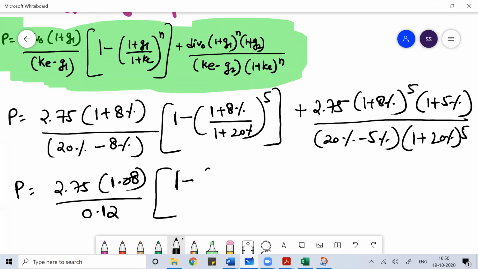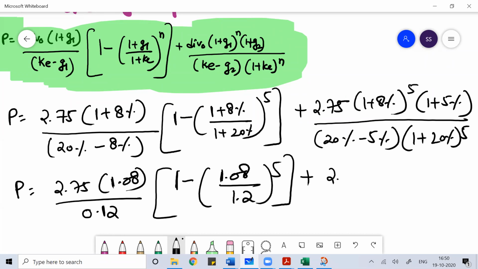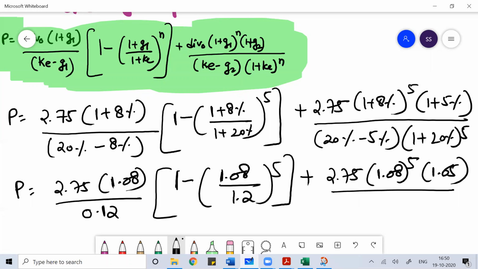This is 1 minus 1.08 divided by 1.2 to the power 5 plus 1.08 to the power 5. This is 1.05. This is 15%, 15% I can write 0.15 into 1.2 to the power 5.